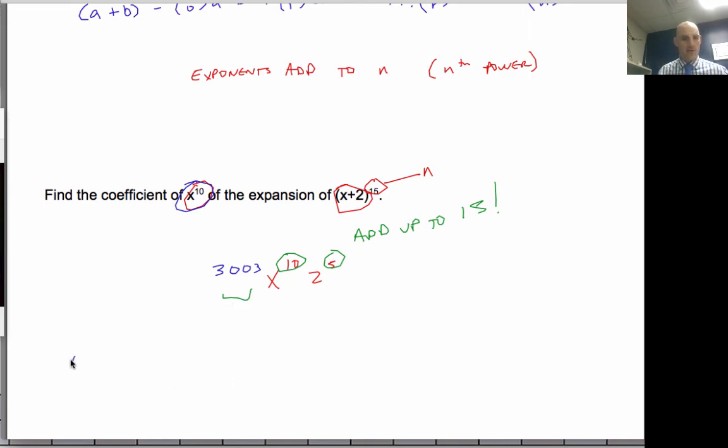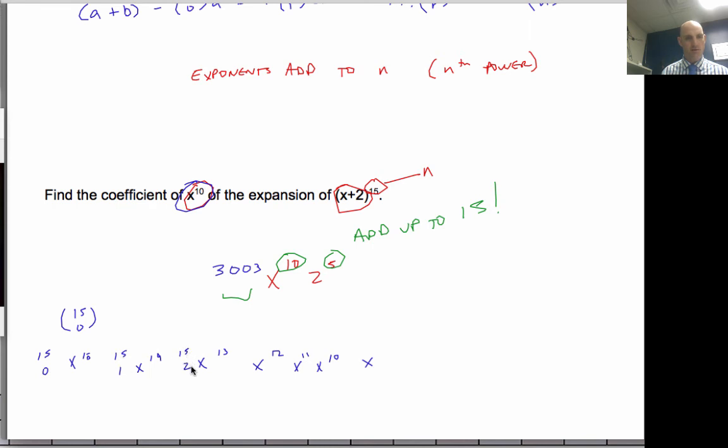But if I want to find the coefficient of x to the 10th power, I know that that's going to be x to the 15, x to the 14, x to the 13, x to the 12, x to the 11th, x to the 10th. 1, 2, 3, 4, 5, 6. Okay? So my exponent is going to look like this. I'm going to have 15, 0 on this one. This is 15, 1.